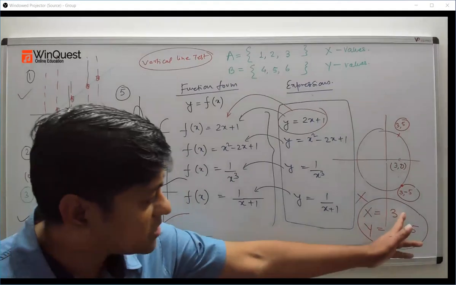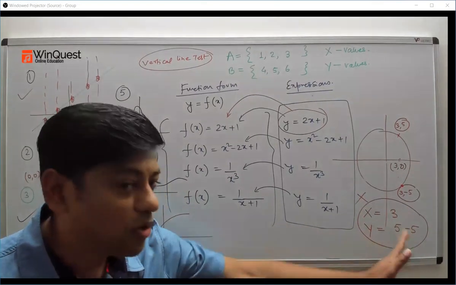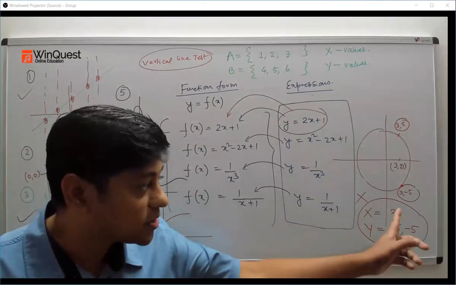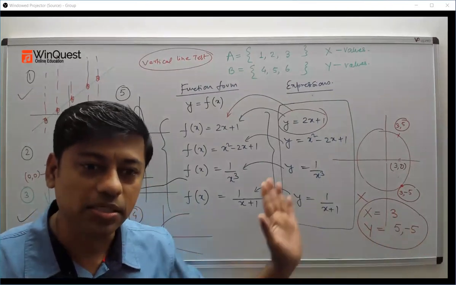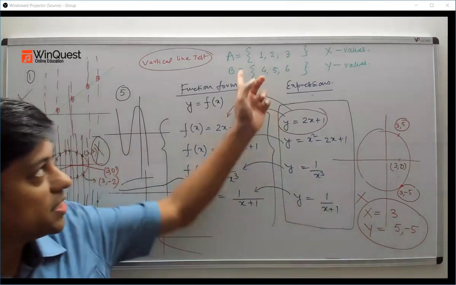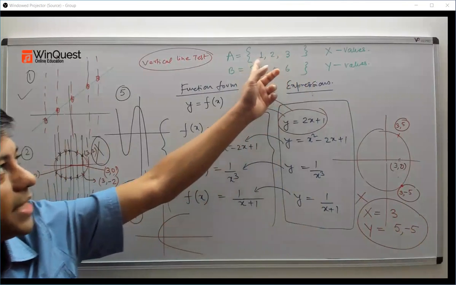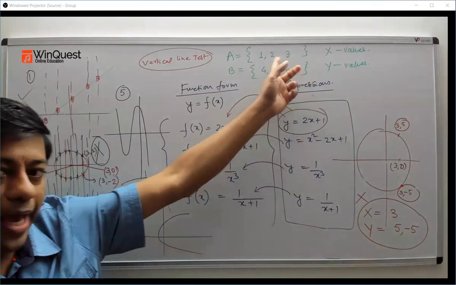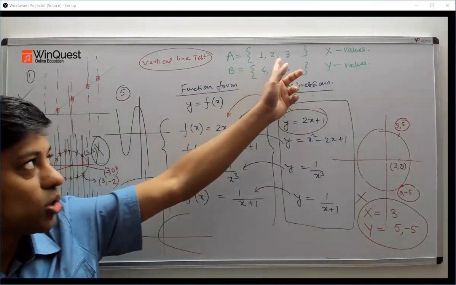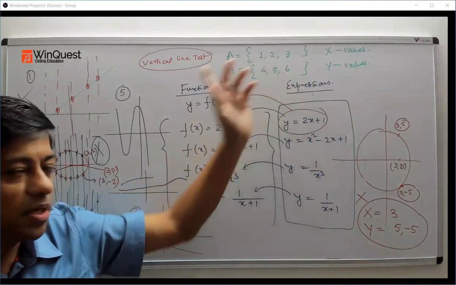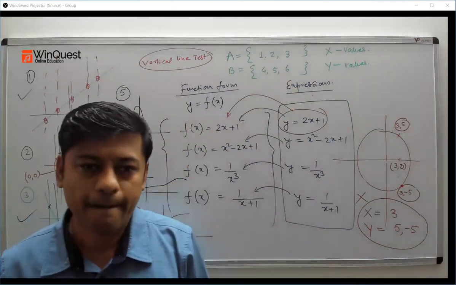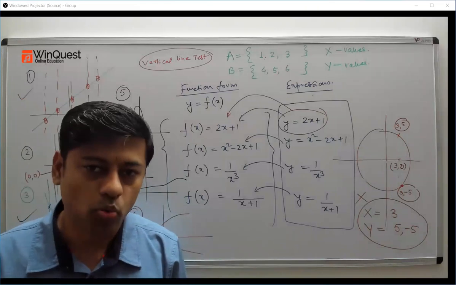So for one x value, if the y value has two distinct values for the same x value, then it disqualifies to be a function. In this case, is there any value of x which corresponds to two different values of y?